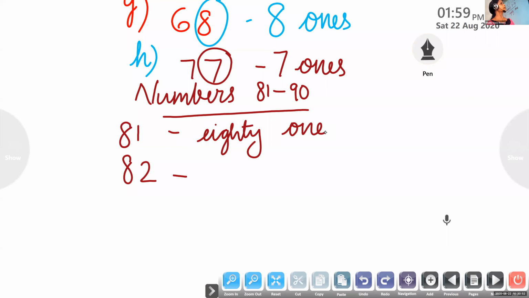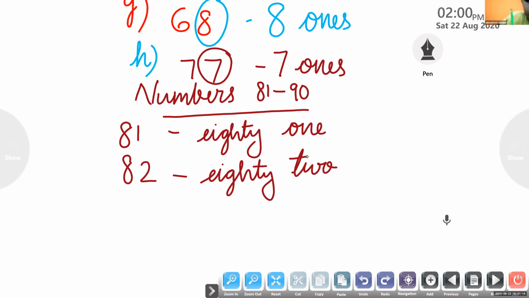Karthik, are you writing? So we have the next number 82. E-I-G-H-T-Y, 82. T-W-O, 2. Anmia, please unmute.